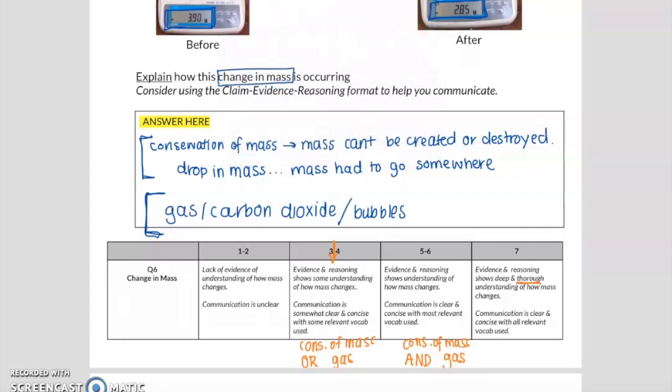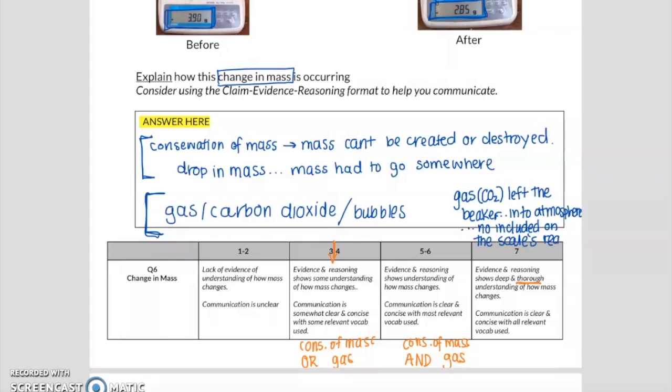You could demonstrate this by making a connection that the gas, or the CO2, has left the beaker. It has gone into the atmosphere. And therefore, it's not included on the scale's reading.